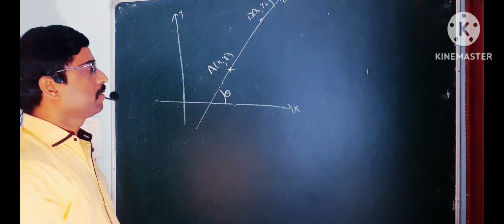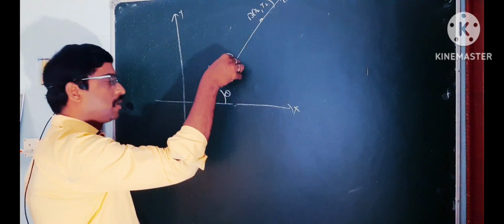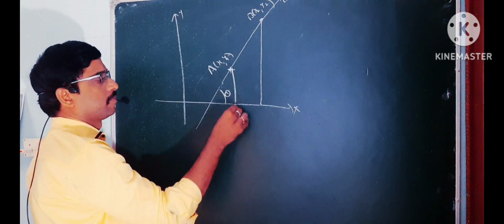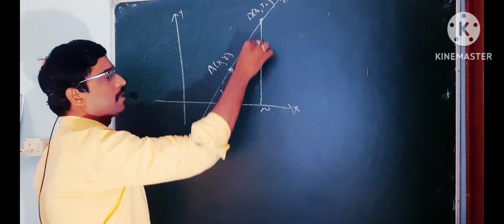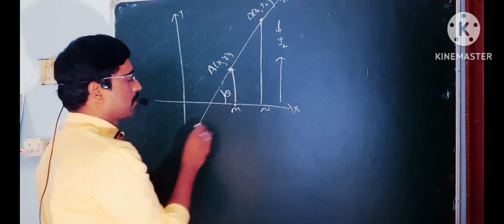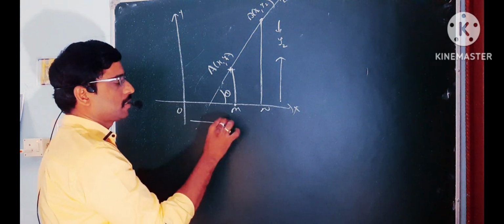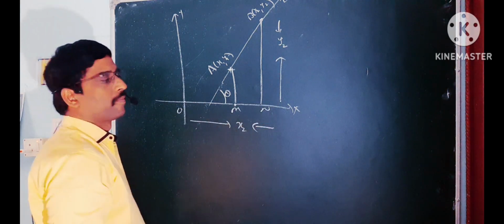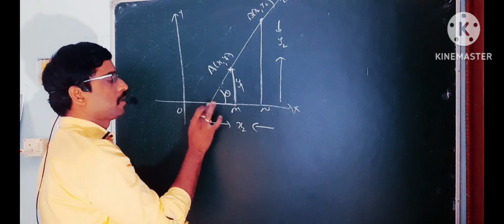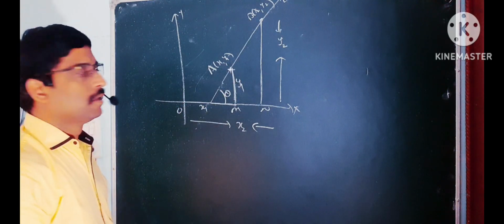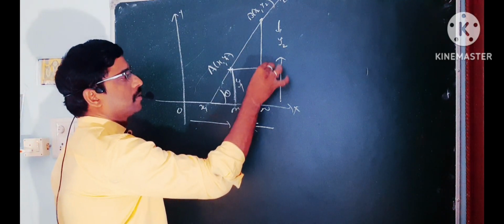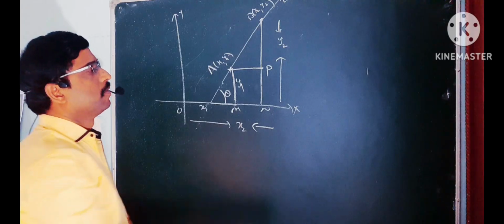From A and B draw two perpendiculars to the x-axis. Here BN is y2, and the horizontal distance is x2. Here AM is y1, OM length is x1. Draw the perpendicular from A to BN, call this point P.